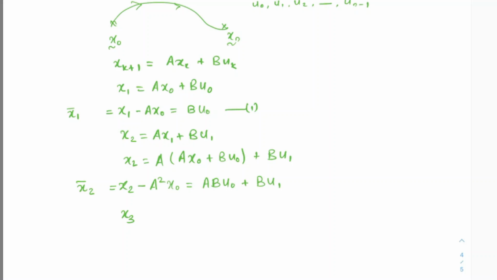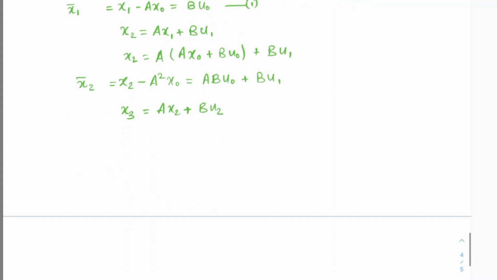If I were to write x3, let's try one more time. It would be A x2 plus B u2. If I substitute x2 here, this x3 would be written as A times (A squared x0 plus A B u0 plus B u1) plus B u2, of course.